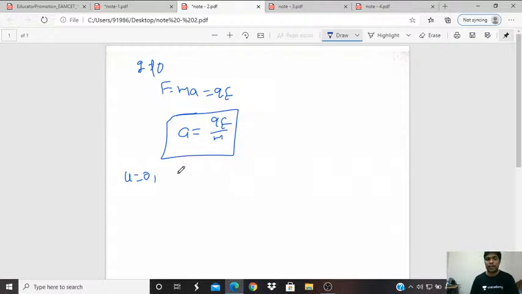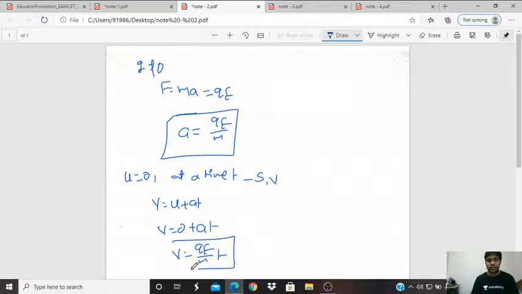After some time t, it travels a displacement s with uniform acceleration a. Then its final velocity is v, from v equal to u plus at. U is 0, so v equals a into t, and a is qE by m, so v equals qE by m into t.